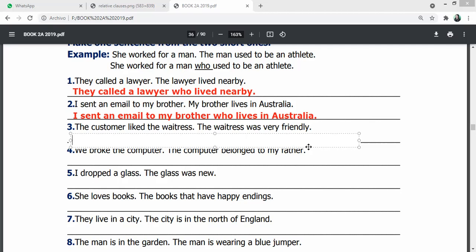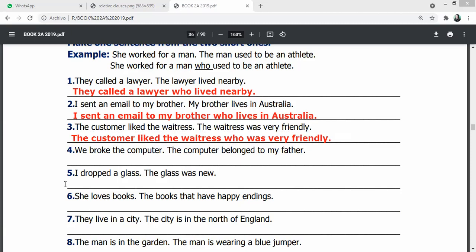Okay, who? The customer liked the waitress who was very friendly. Okay, number 4.